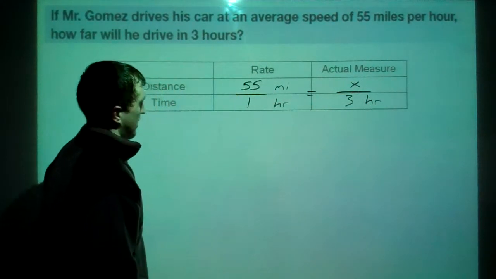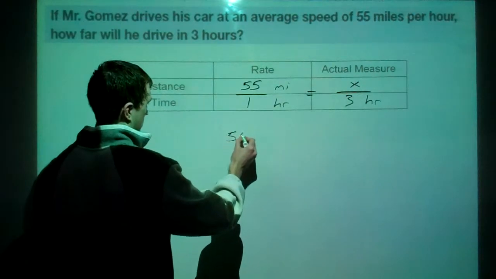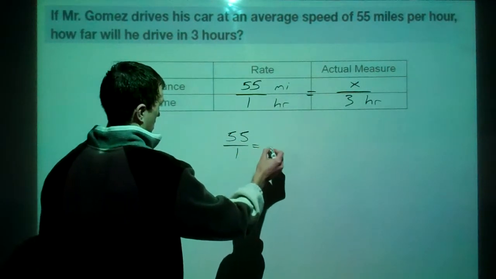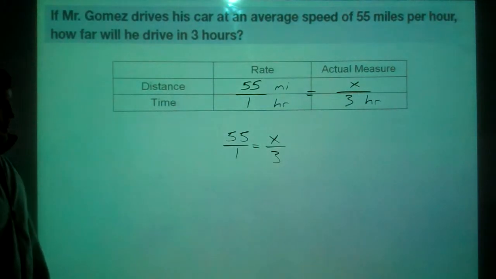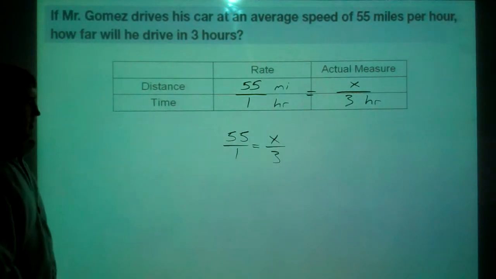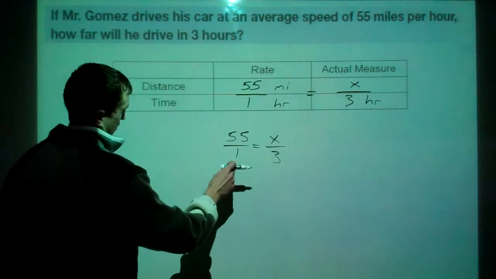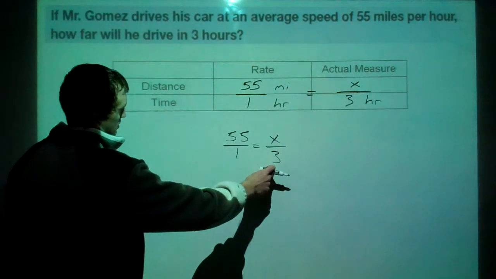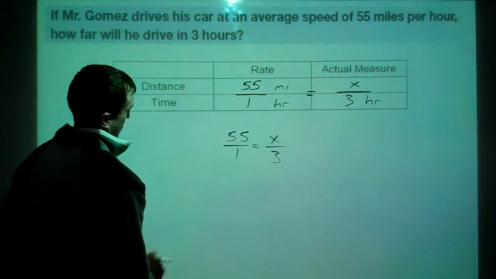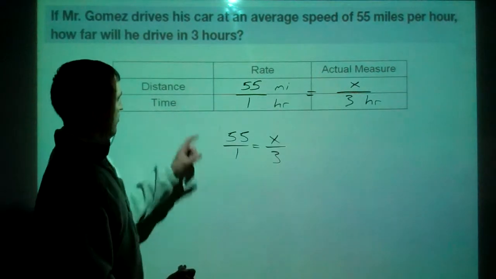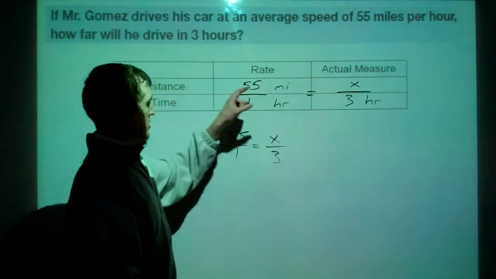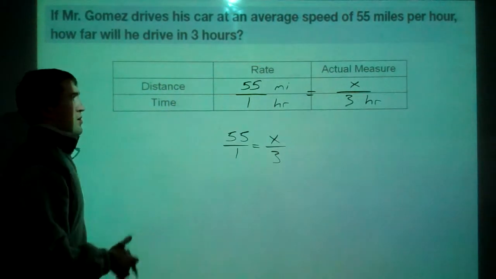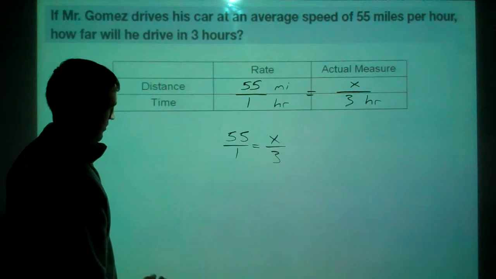We can take this out and look at it just with the numbers. And what we can do here is cross multiply and divide, or say, 1 times 3 gets me here, so 55 times 3 should get me to x. So we're solving for the distance it takes to travel in 3 hours at 55 miles per hour. It helps us set things up very nicely.